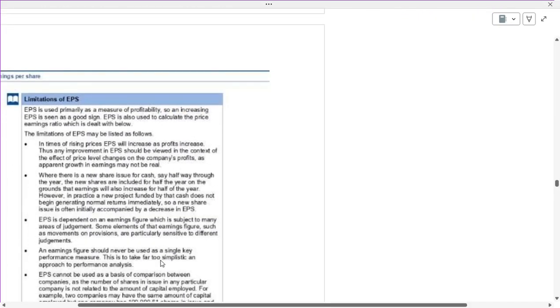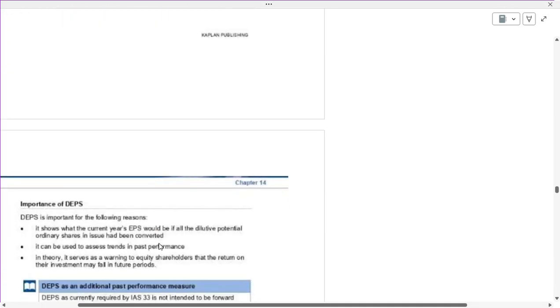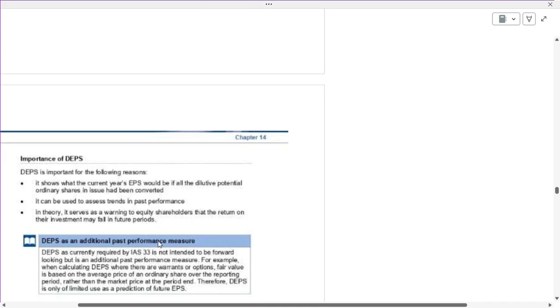These are the limitations of EPS. They will not ask much on this, but read them. If you come across them in any questions, I will explain again. This is also very selective. It shows the current year EPS if all diluted potential shares are counted.